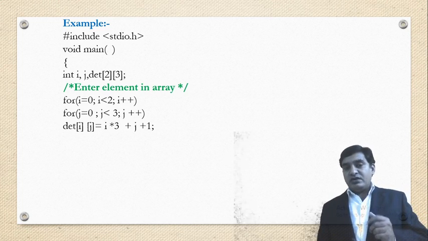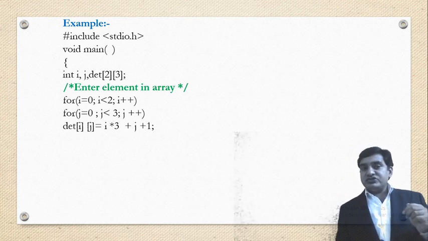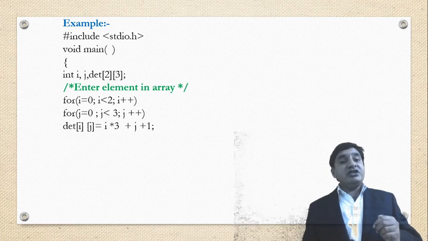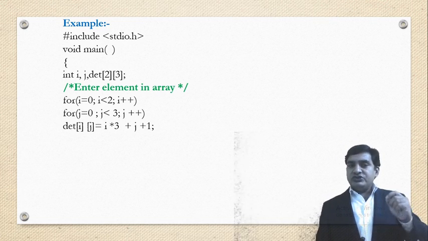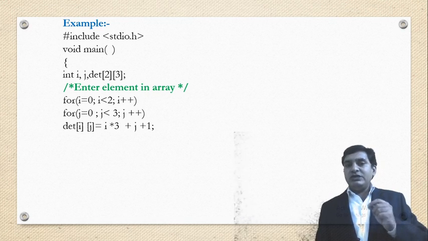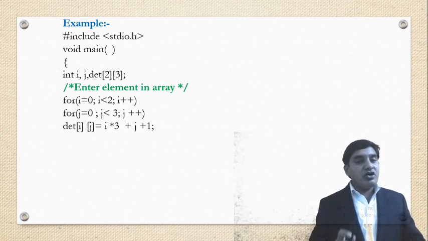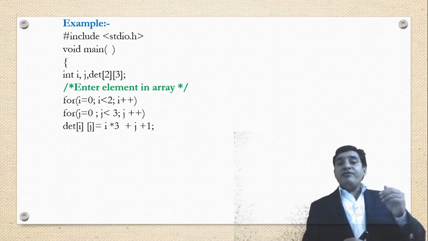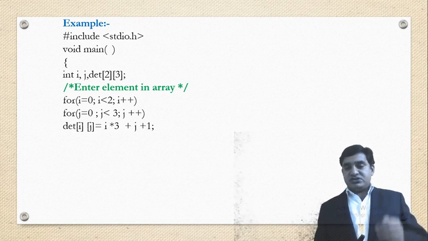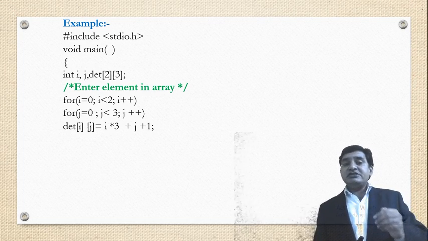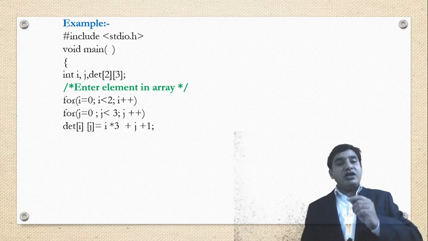This second for loop represents the columns, first 0, 1 and 2, so that it consists of 3 columns. The first for loop represents the rows, i less than 2, so 0 and 1.